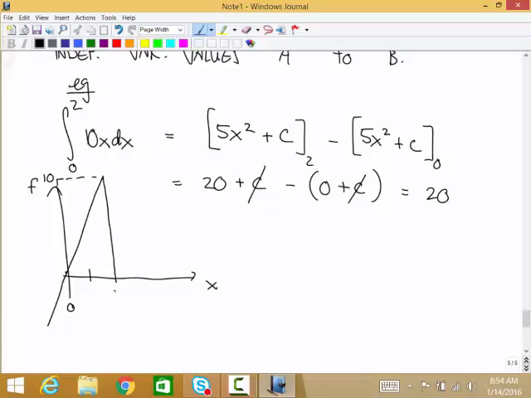There's 0. There's x equals 2. So we're talking about the area under that curve. And it's a triangle, you know, it's base times height over 2. So that's 2 times 10 over 2.